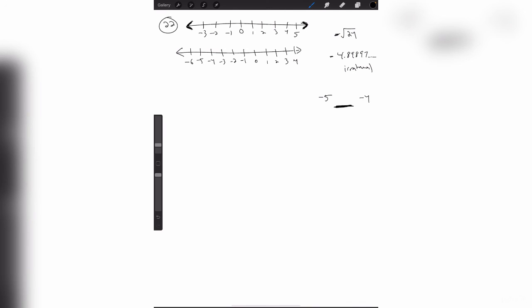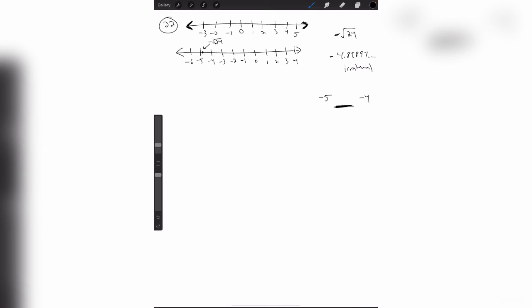So I'm going to create a point there and say, oh yeah, this is negative square root of 24. All right, if you're looking for that symbol, you're like, what does that mean? This symbol right here means the square root of.